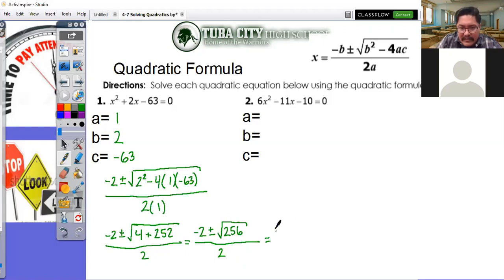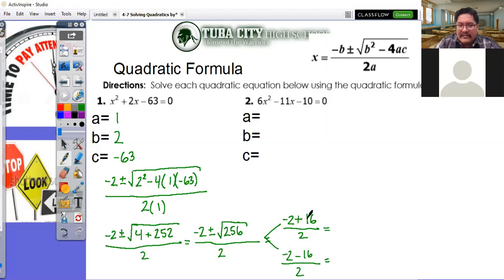So I'm going to break it into 2 parts from here: negative 2 plus, using the top one, the plus, and take the square root of 256, which is 16. And I'm going to do the same thing, but with minus now. So again, there are 2 possibilities, a plus and a minus.